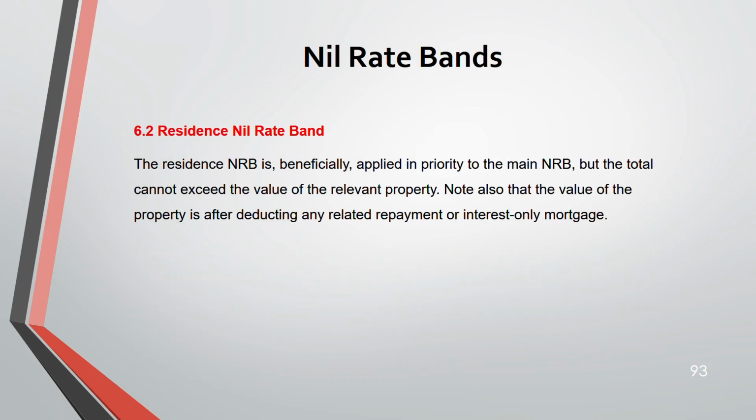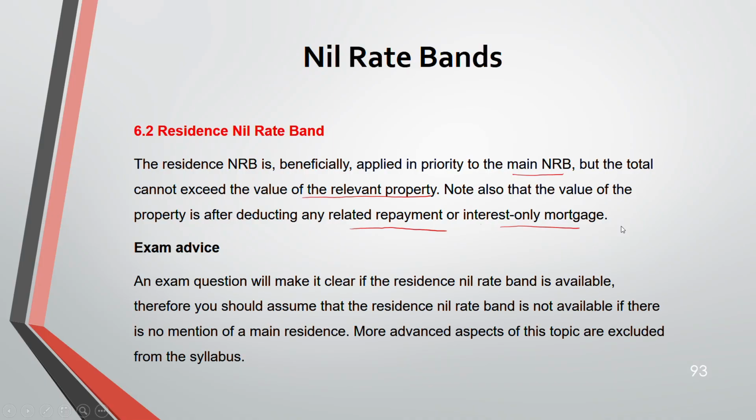Now, the residence nil rate band is applied before your main nil rate band. But remember, your nil rate band and residence nil rate band total cannot exceed the value of your relevant property. Also, the value of the property is after you deduct any related repayment or interest-only mortgage.